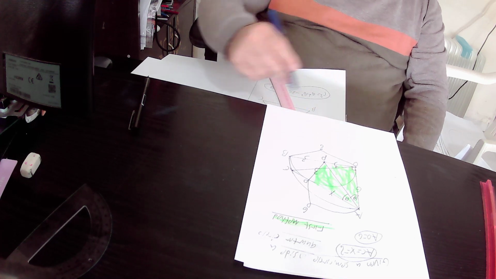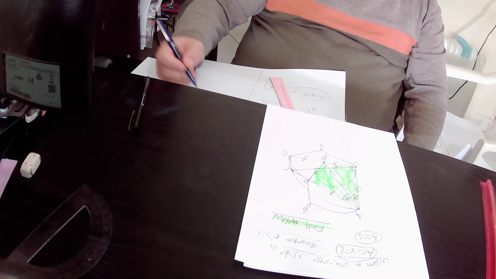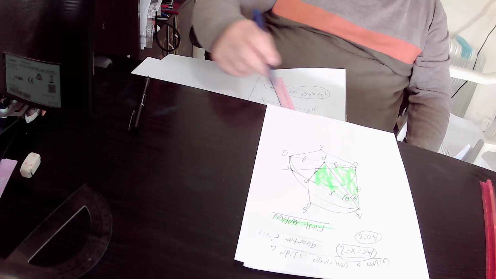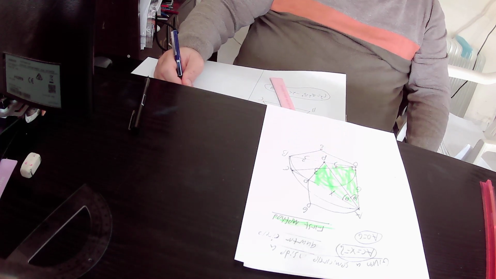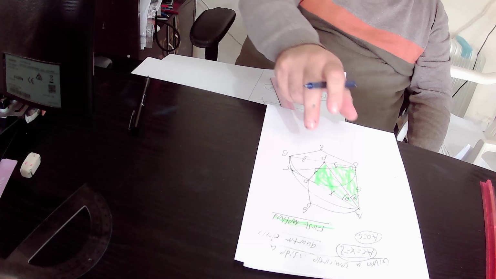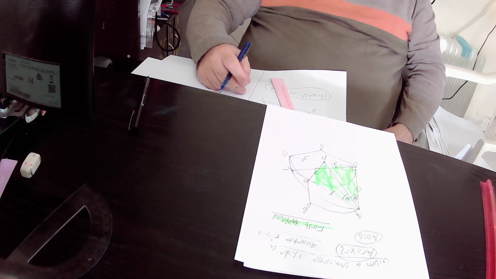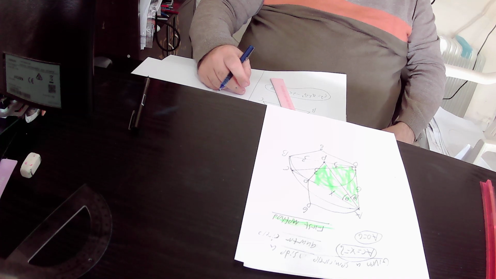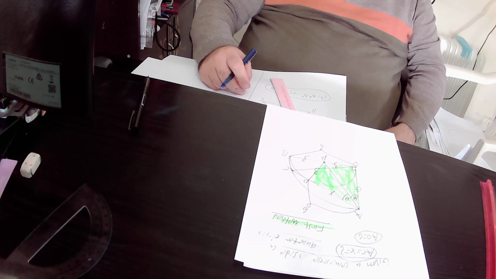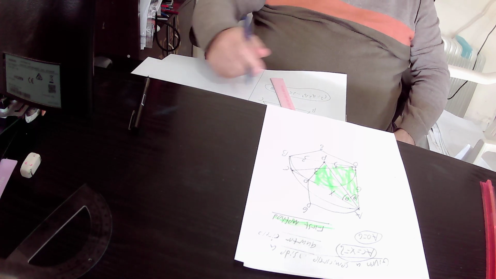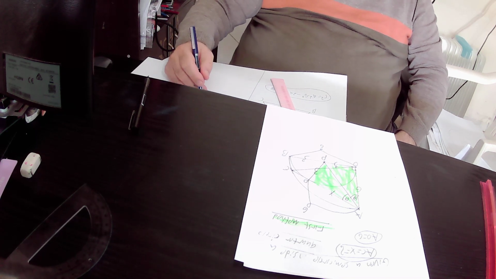AO equals 6 units, AC equals x according to what is given in the question. And what is the length of OC? O is the center of the quarter circle and C is a point on the quarter circle itself, and this is exactly the definition of a radius. That is to say, OC is the radius of the quarter circle, equal to 6 units.